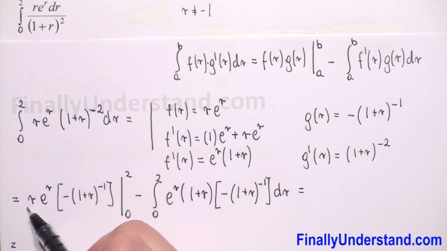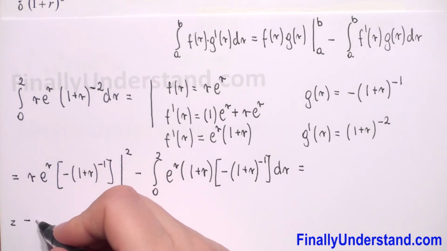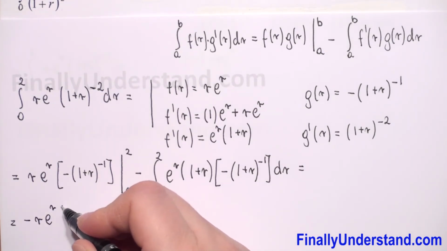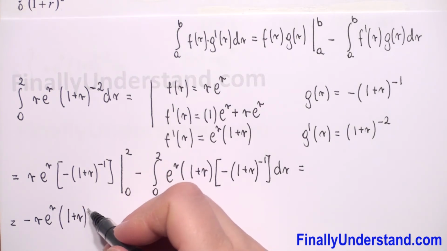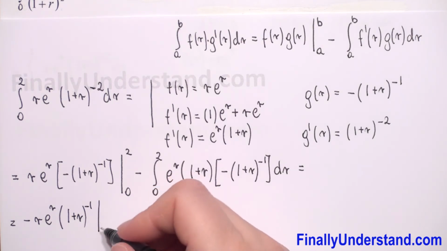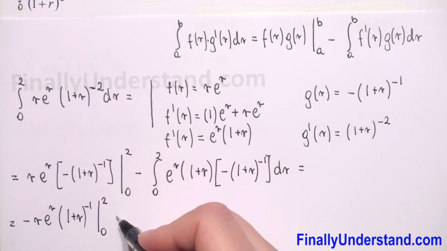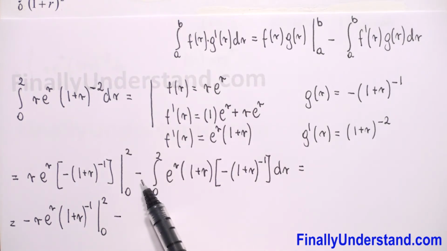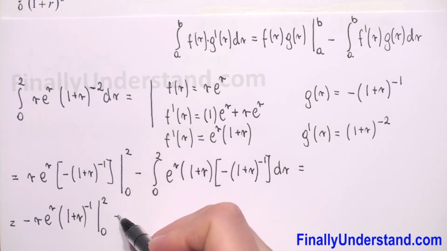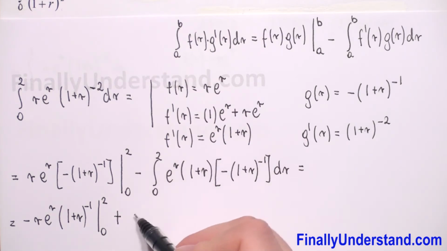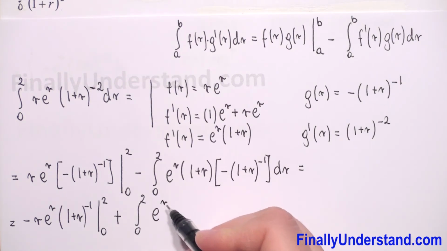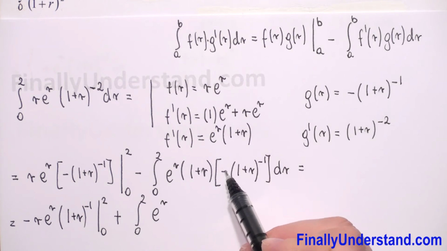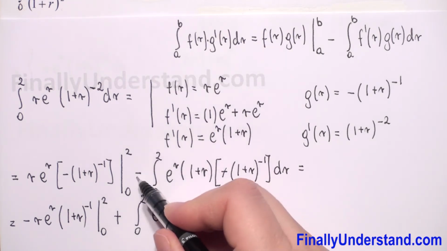So we have here positive times negative, so it will be negative, and we have r times e to power r, and in parentheses we will have 1 plus r to power negative 1, and we have limits from 0 to 2, minus, and because we have negative and negative, we have to change the sign to positive. We have the integral from 0 to 2 of e to power r times, and this minus we don't have now, we change this to plus.